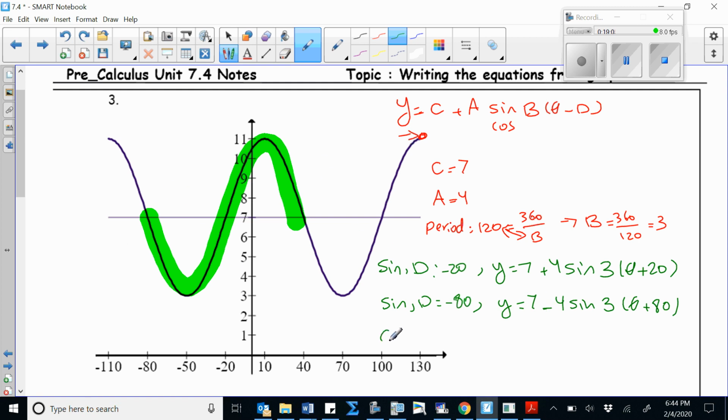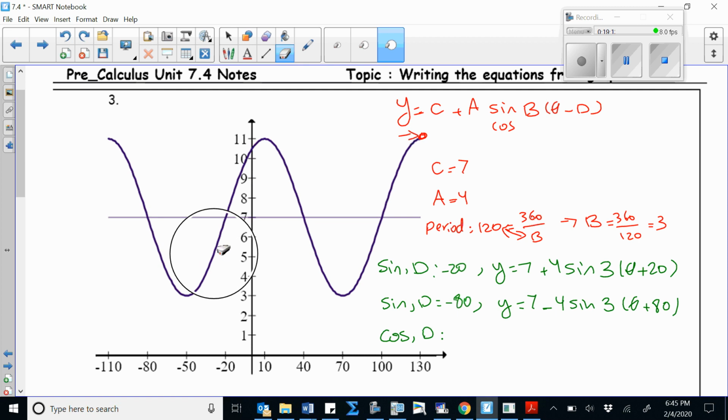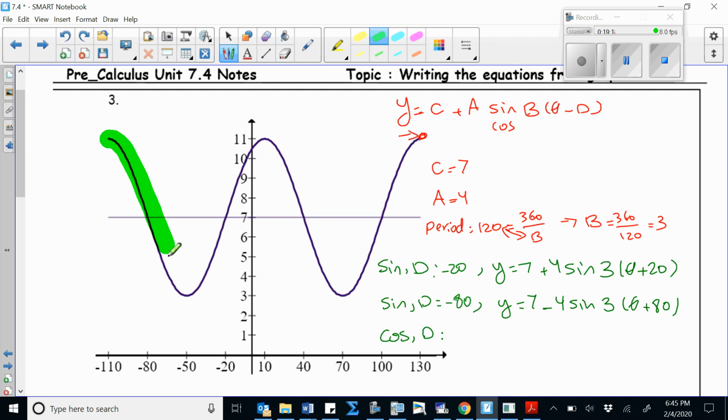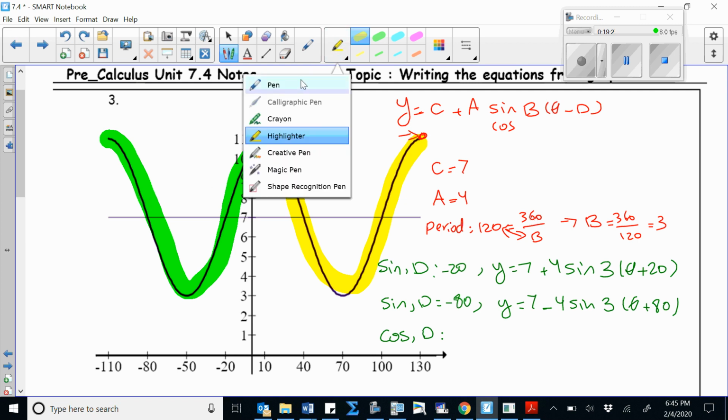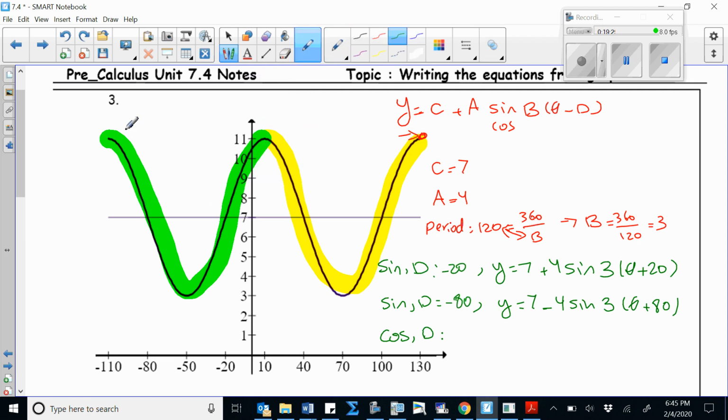Now I'm going to write a cosine function. Okay, so I need to look for a cosine graph. This is the first thing that I can see. I could also consider this one. Doesn't matter. Both of them are right. Just their start point is going to be different. Okay, so this one starts from negative 110.